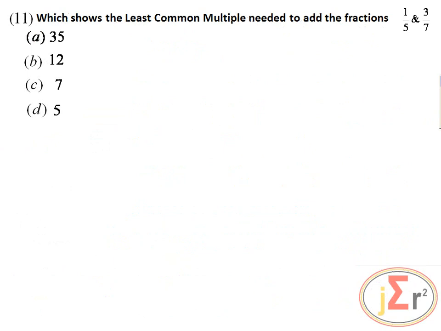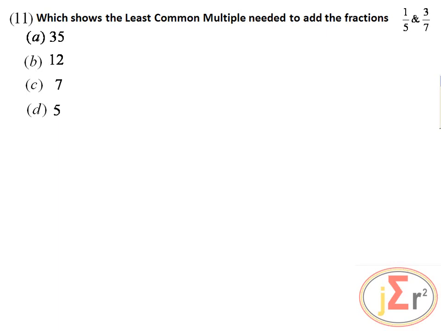Which number in the options represents the least common multiple required to add the fractions 1/5 and 3/7? And Jerry is saying that it is 35, which is correct, and that is represented by option A. Why 35?